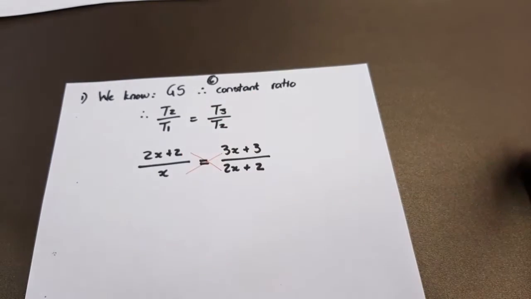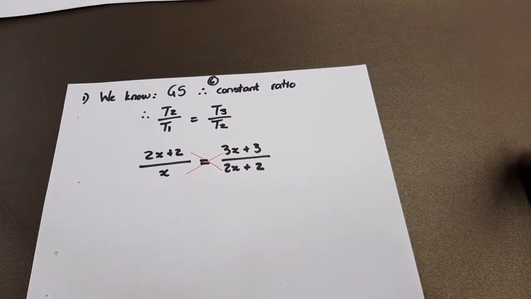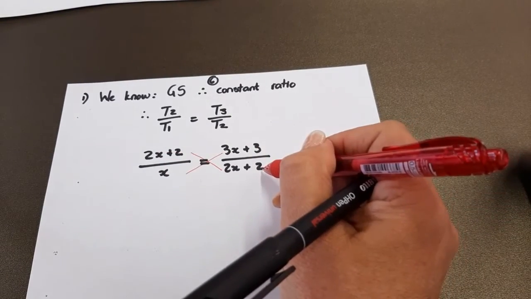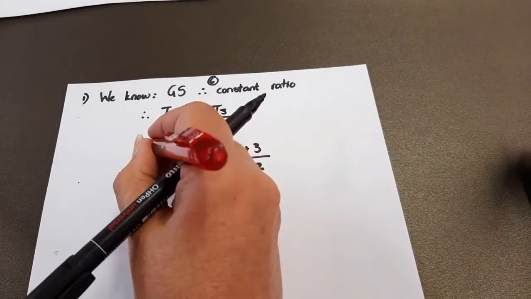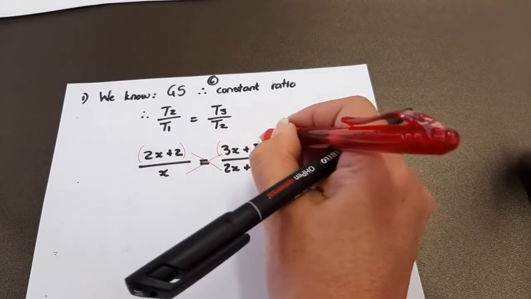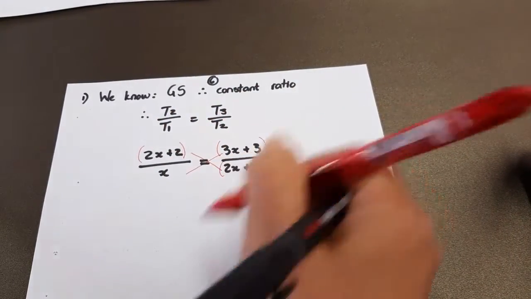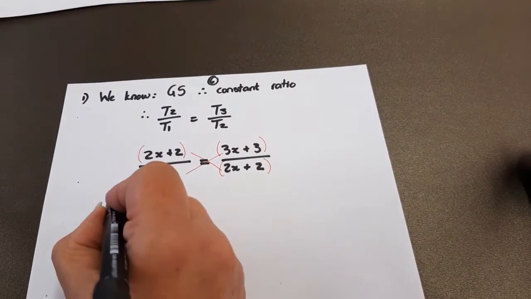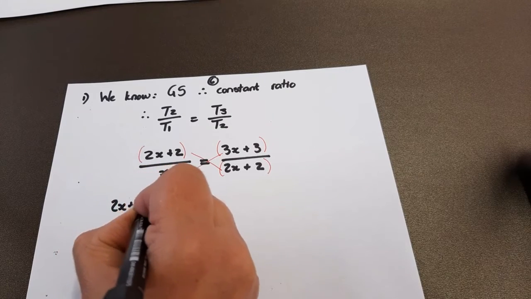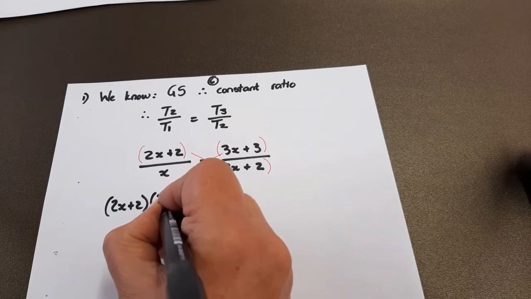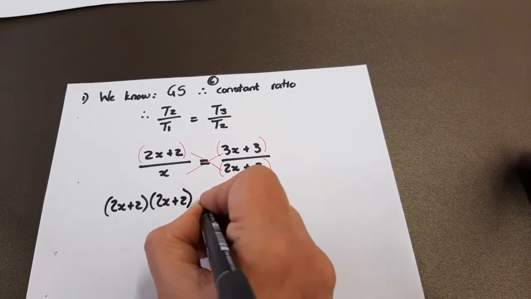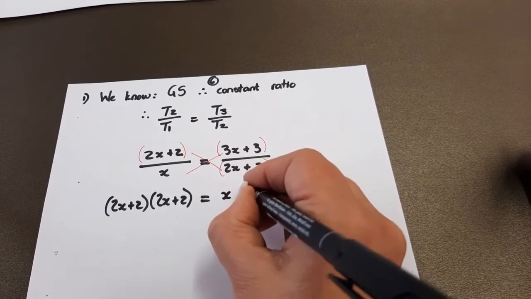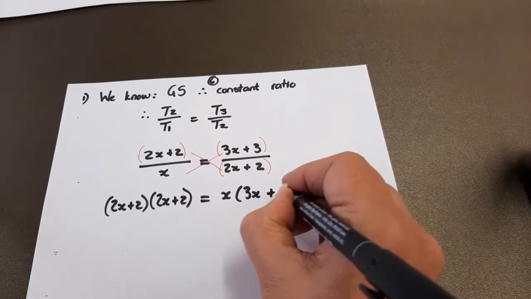But the numerator has two terms and the denominator in this case has two terms, so we need to put these in brackets when we multiply. This bracket times that bracket will be 2x plus 2 times 2x plus 2 equals the denominator times the numerator, x times 3x plus 3.